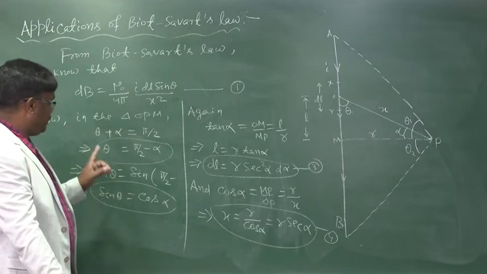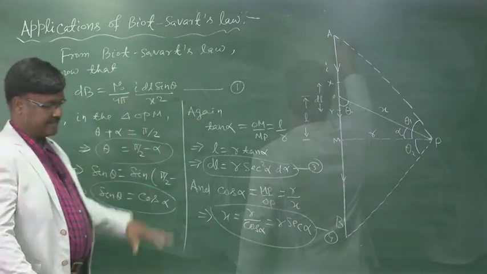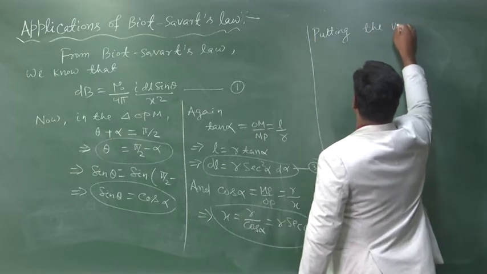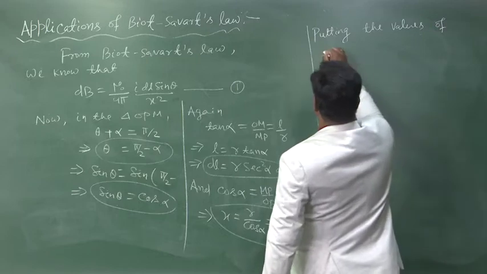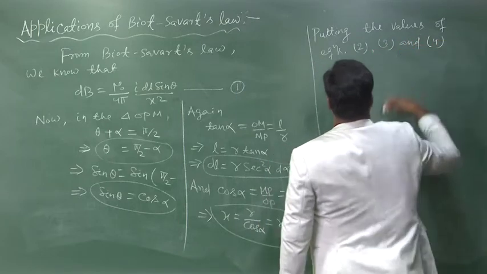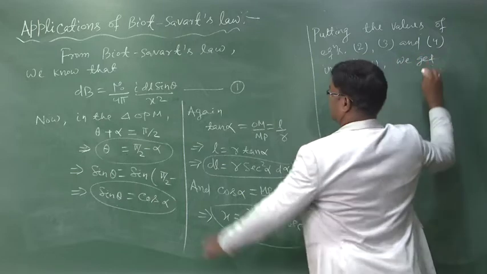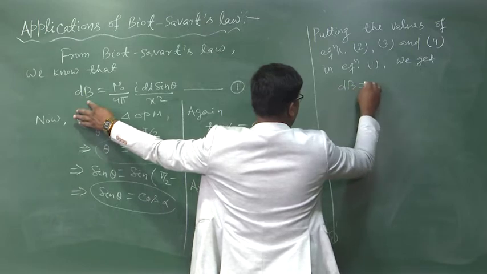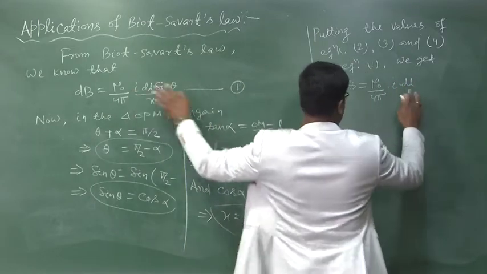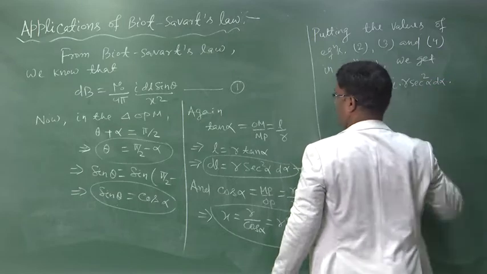Now, putting the values of equations 2, 3 and 4 in equation 1, we get dB equal to mu 0 by 4 pi I dl, but in place of dl we can write R sec square alpha d alpha, into sin theta.